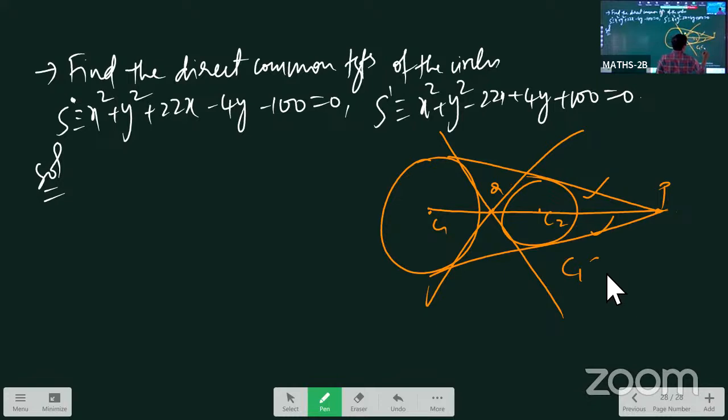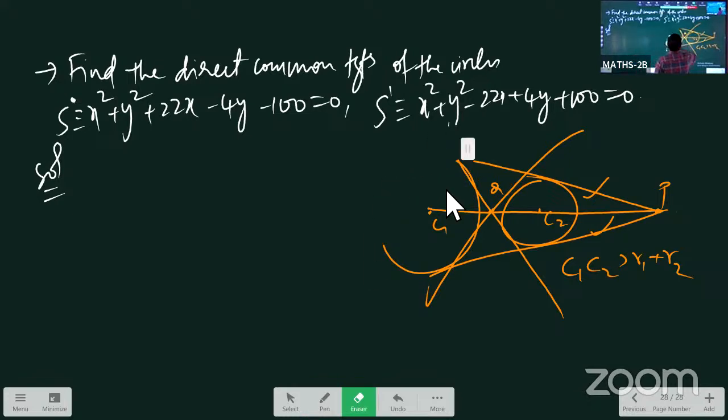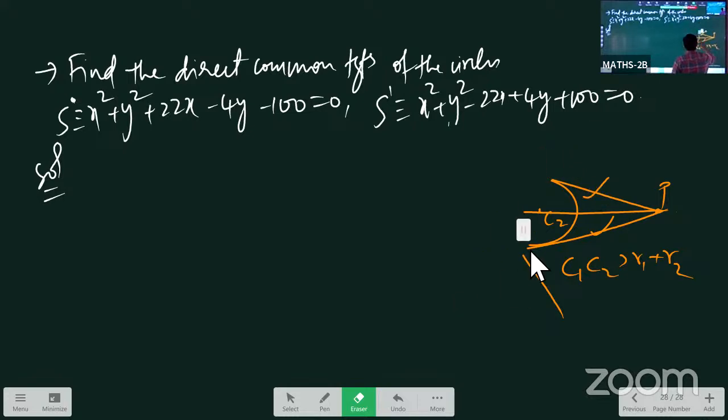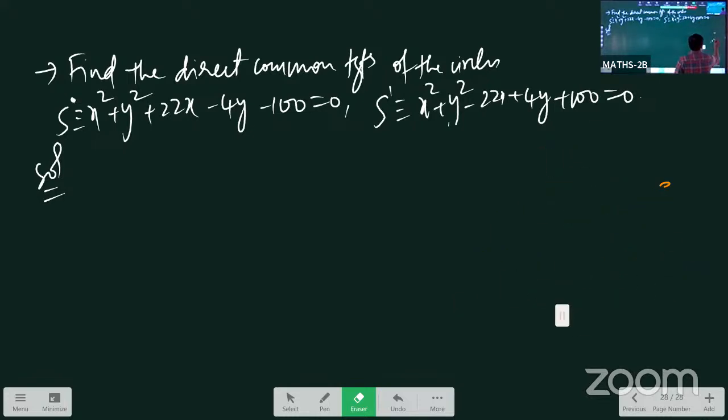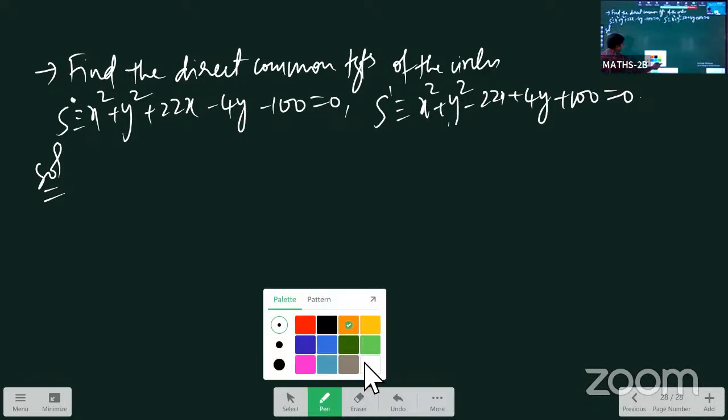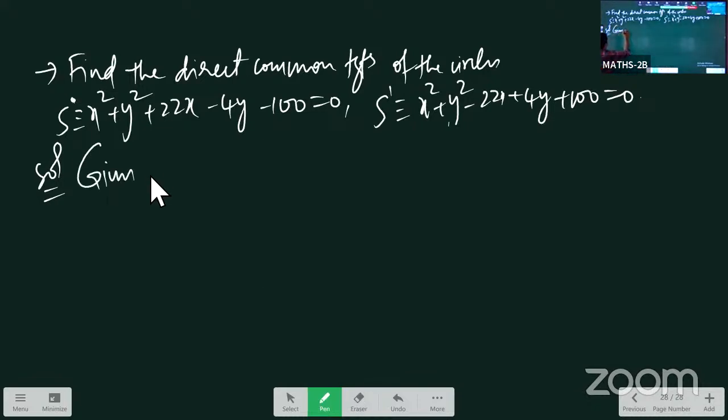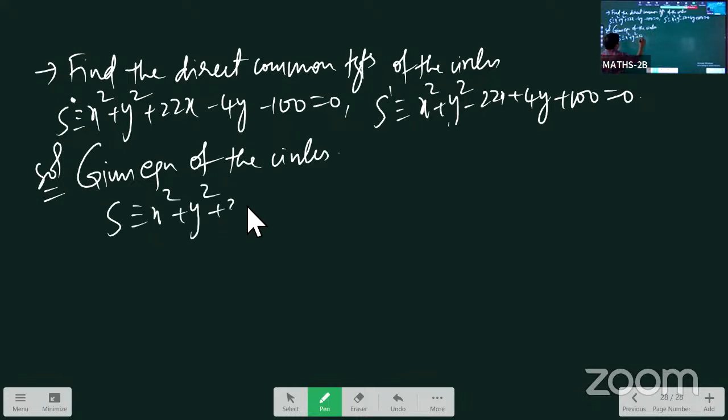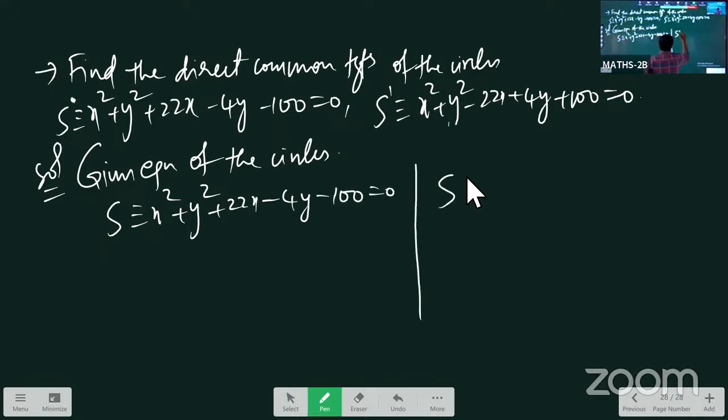So here you are going to check these direct common tangents. For that, what should I get? C1 C2 is greater than R1 plus R2. Now let us check whether we are going to get C1 C2 greater than R1 plus R2. Given equation of the circles. Next, S dash.